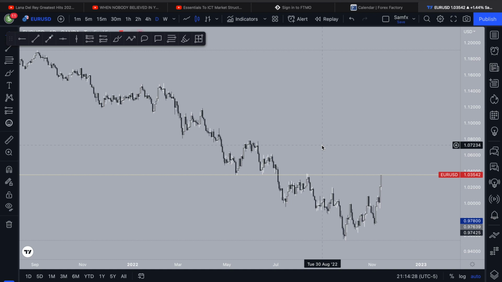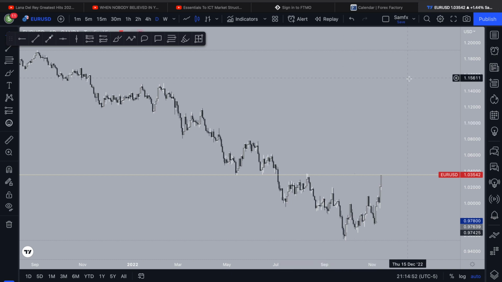I'm using TradingView to analyze the market and to establish our daily bias. As obviously the market is moving to the downside, our bias would be for a short position or sell order.